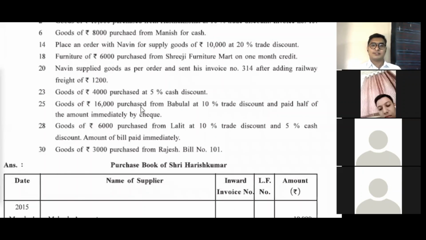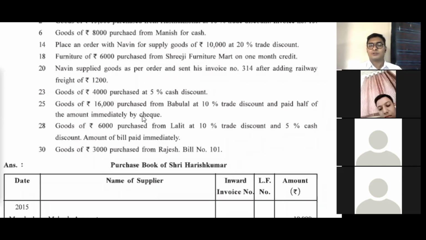Goods of 16,000 purchased from Babulal at 10% trade discount and paid half the amount immediately by check. Here, half payment is done by check, and for the other half there is no information, so we are assuming that half payment is still pending.